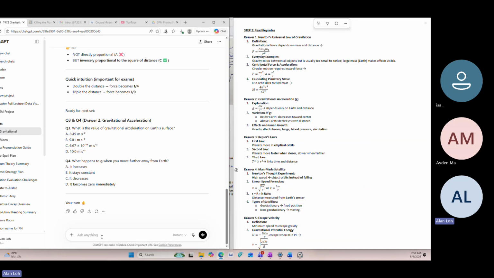Drawer 2. What is the value of gravitational acceleration? C on Earth's surface. B and C. Okay, what about 4? Gravitational acceleration on Earth's surface.